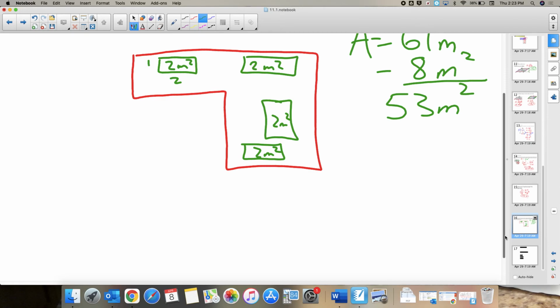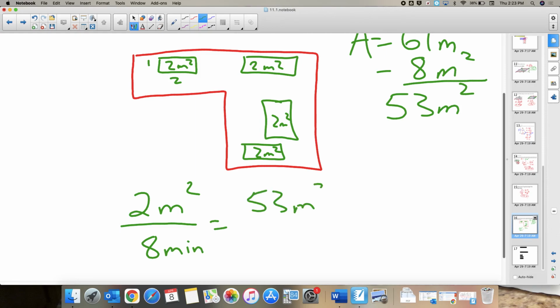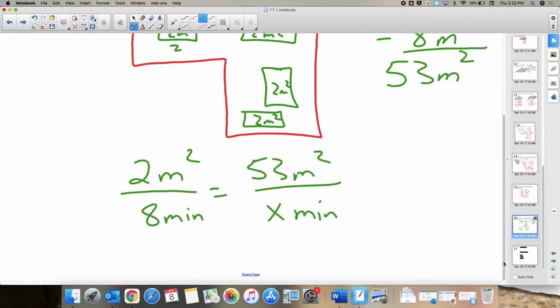My robotic vacuum cleaner, it does 2 square meters in 8 minutes. I now have 53 square meters, and I need to know how long it will take. So we can cross multiply here. We get 424 equals 2x.